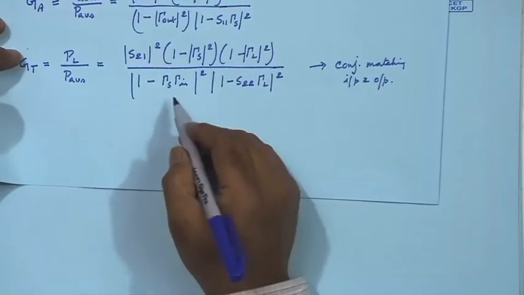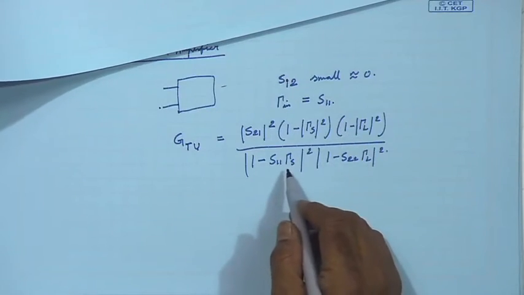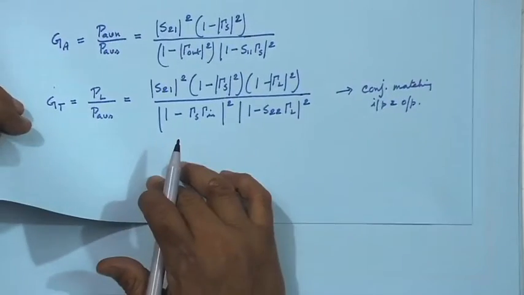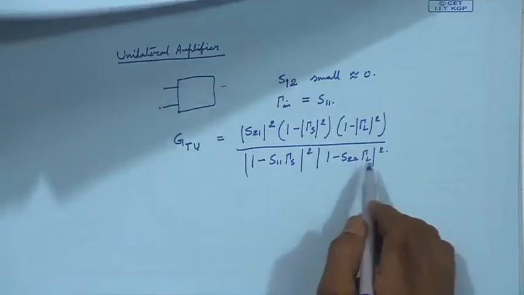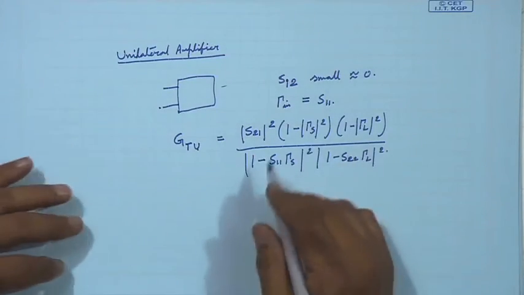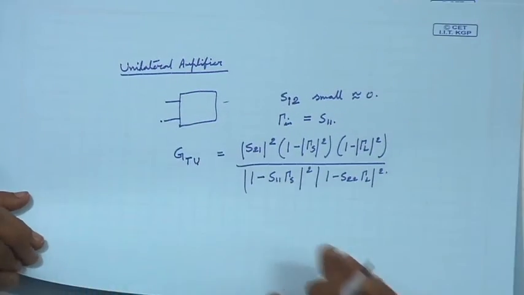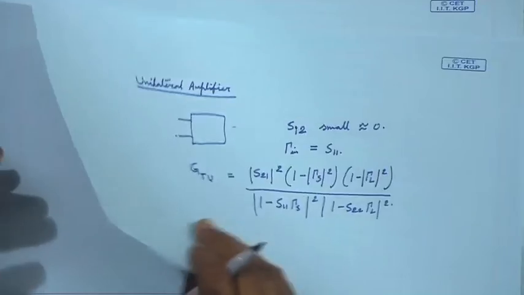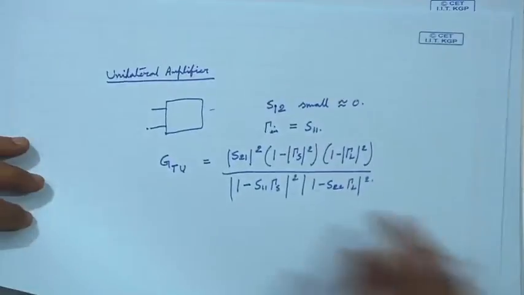Here that is absent. Input reflection coefficient means I need to know the loading. Here it is independent, and a much simpler design can be attempted. So this is another special case that we will see in the gain definitions, that for unilateral amplifiers this simplification can be made.